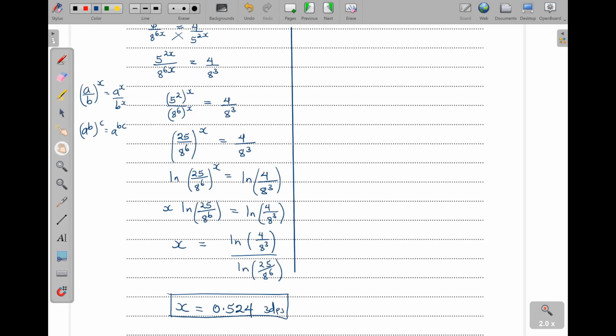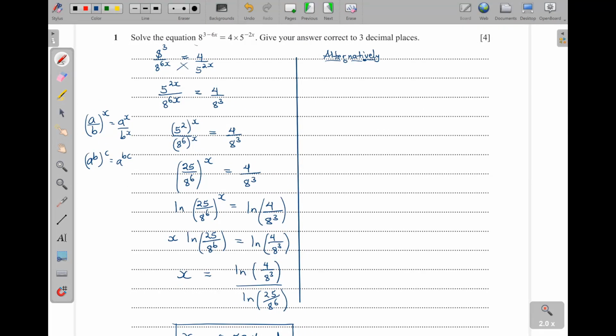The other way is going to be, I will introduce logarithms right away, okay? So introduce natural log of 8, then power 3 minus 6x. Then this one is going to be equal to the natural log of 4, then times 5 power negative 2x, like that. And then we apply the rules of logarithms.